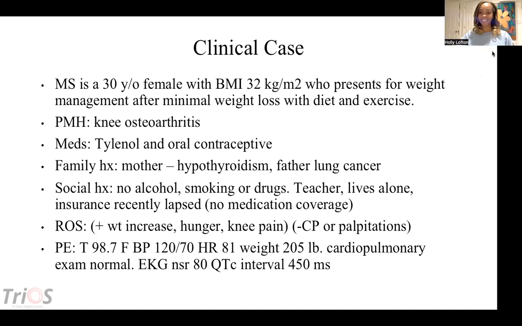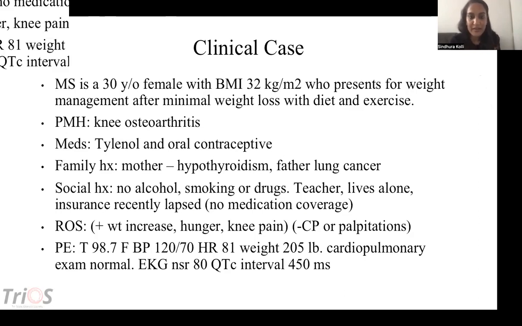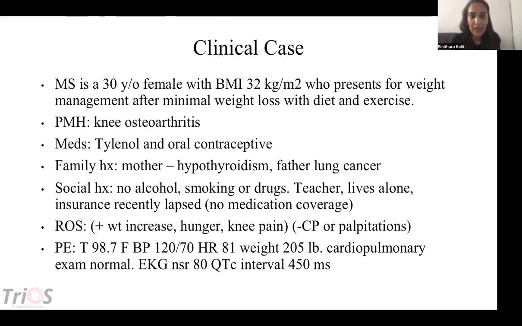Thank you. So the first clinical case: patient MS is a 30-year-old female with a BMI of 32 who presents for weight management after minimal weight loss with diet and exercise. Past medical history is knee osteoarthritis, and at home they take Tylenol and oral contraceptives.